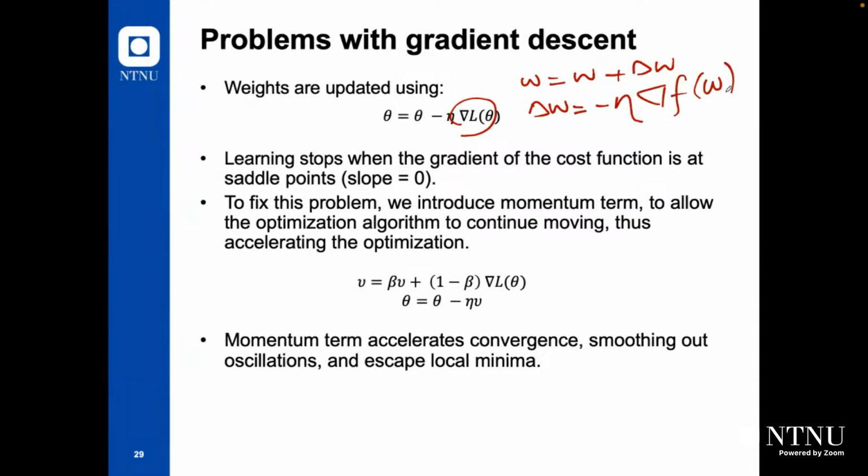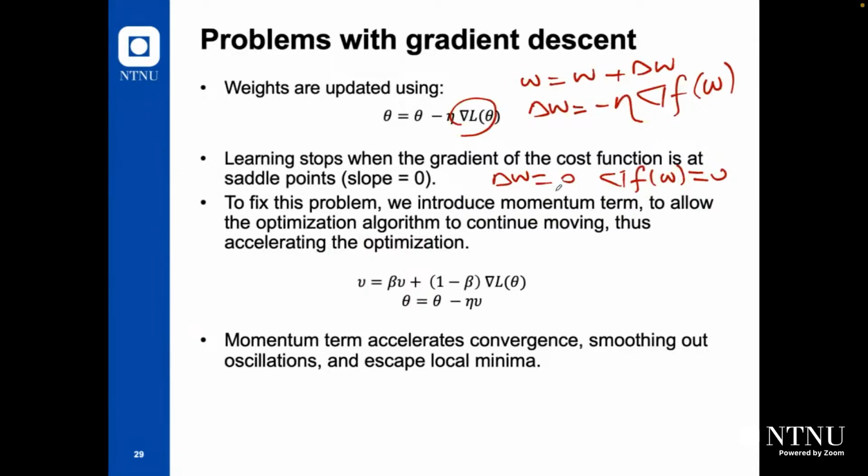The problem here is that learning will stop when the gradient of the cost function is at a saddle point. Delta omega will be zero when the gradient becomes zero, and in this case, the learning process will stop.